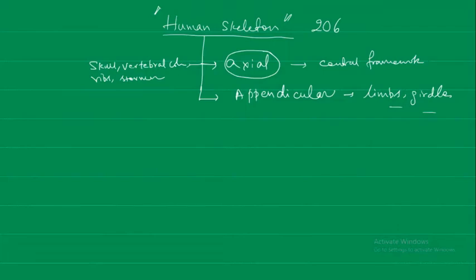In this chapter we will look at the skeleton in these two aspects, followed by what joints are and the different types of joints, and also the different kinds of muscles and how the lever mechanism works. These are the various aspects we'll be covering in this chapter.